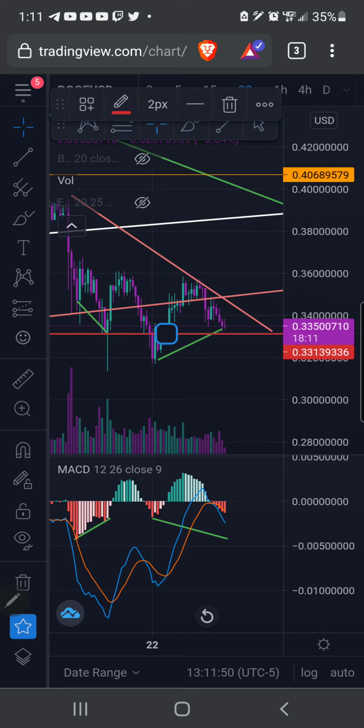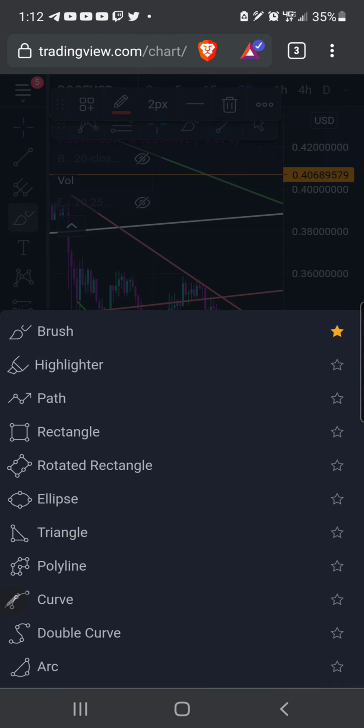horizontal line of support. It needs to stay above this red line in order to confirm the head and shoulders. Come back up to around up here, maybe somewhere up here. Let's just draw what we think it's going to look like.